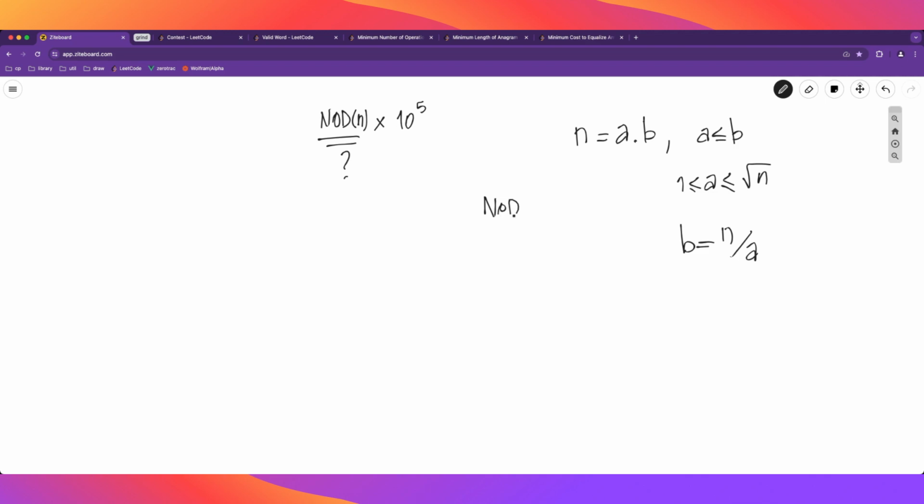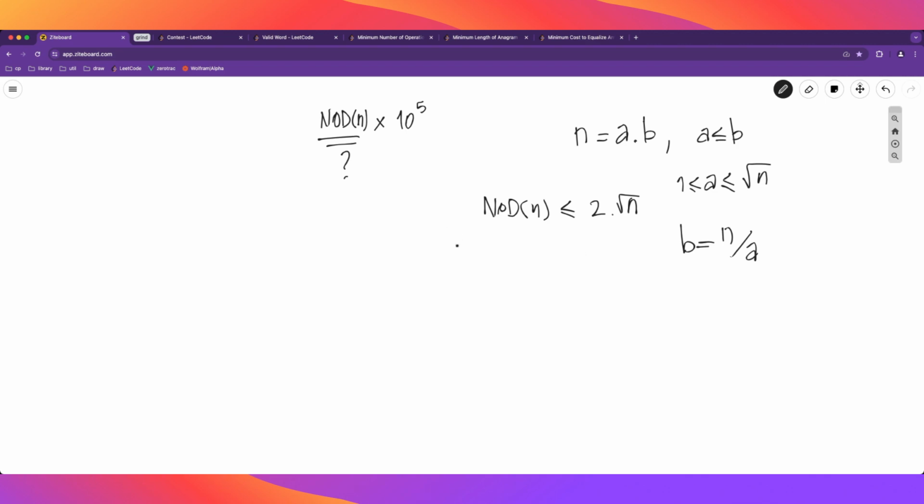So the number of divisors of n would be less than this, right? Because for each iteration we're adding a and b to the divisors, and we are doing the square root of n iterations.